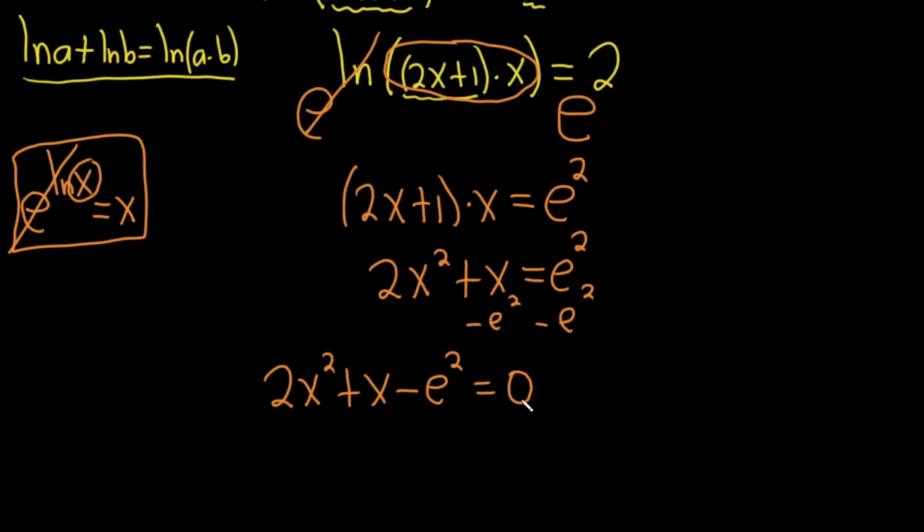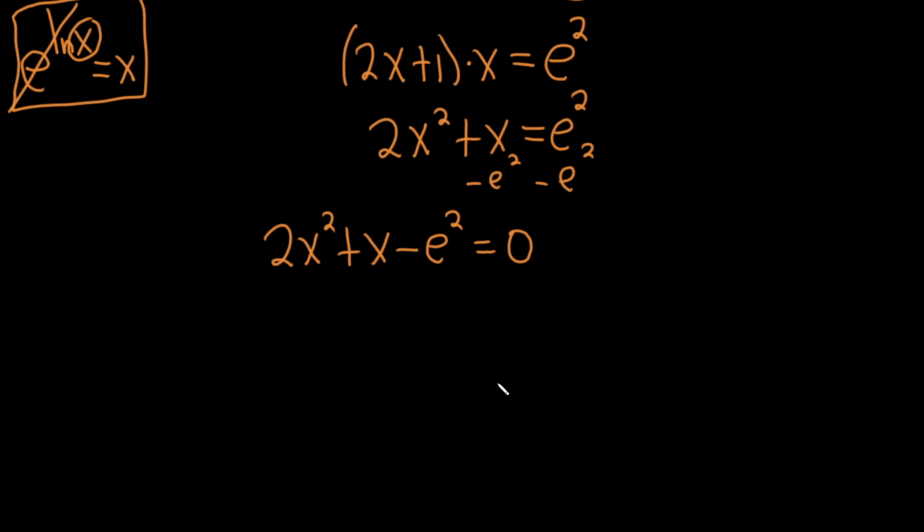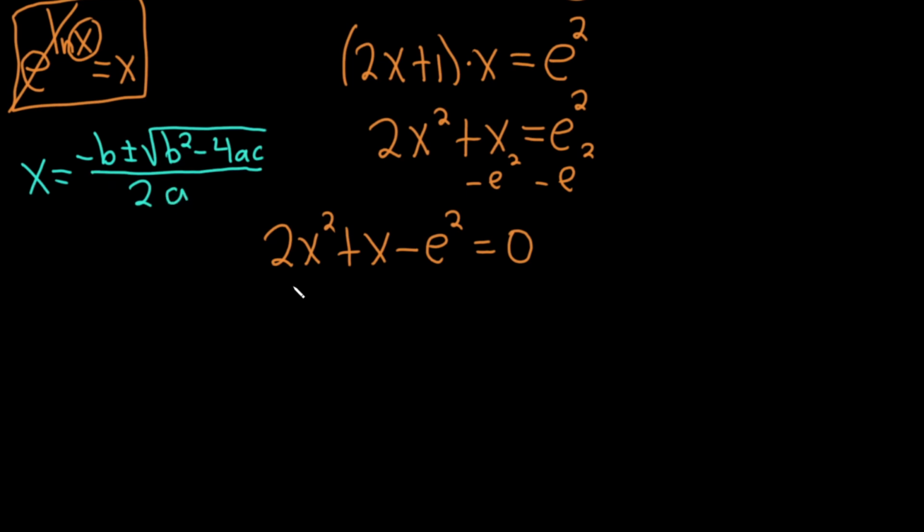And this looks a little bit funky to me, so I think we should probably try to use the quadratic formula. So recall the quadratic formula says x equals negative b plus or minus the square root of b squared minus 4ac, all divided by 2a. So we just have to identify a, b, and c in this problem and plug them into our formula.